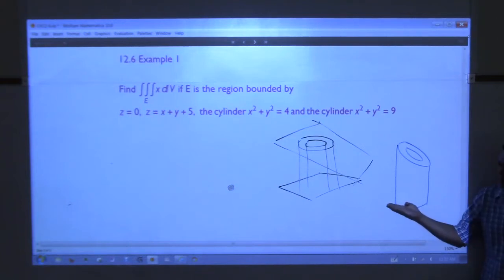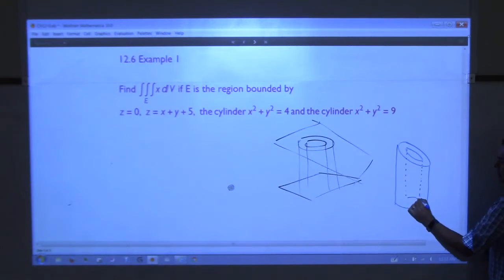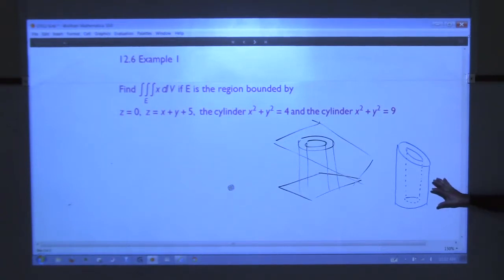The ground has cut the bottom off, so you've got the ground creating one boundary. Inside this cylinder, it goes down, it's hollow inside. Then at the bottom, you've got something like that. That's our solid, and we are going to integrate over this region.